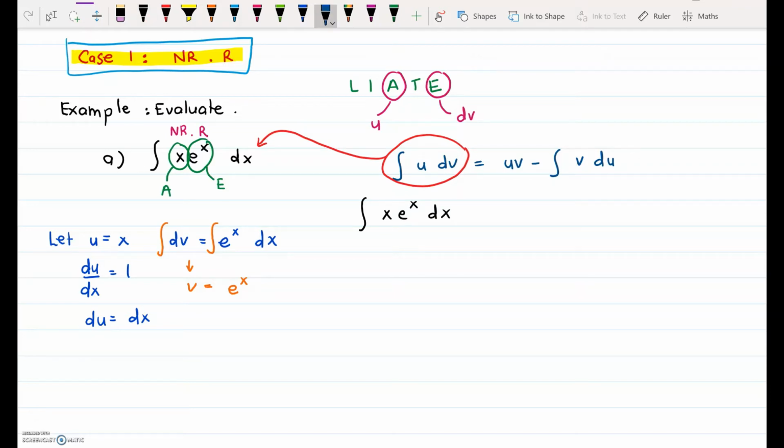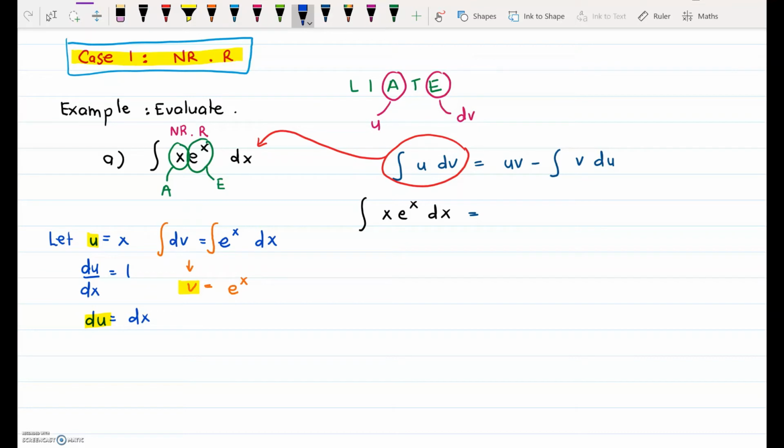Then we will use the formula equals u, this is your u, and then v, this is your v, and we also need du, this one.